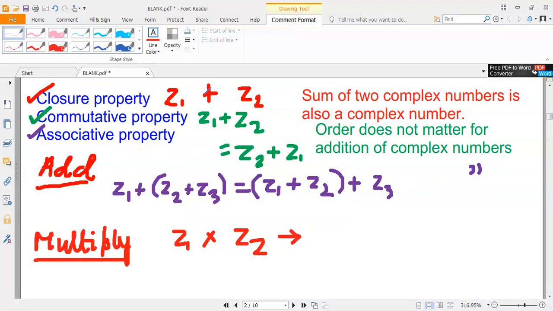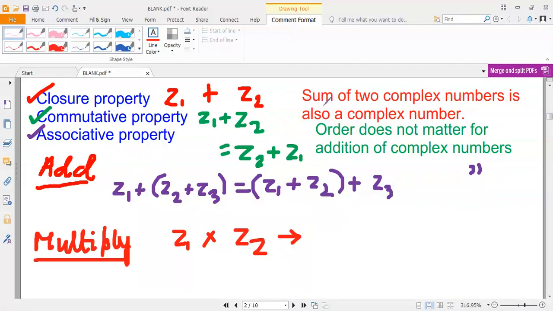This is similar to the addition operation that we did, only here we have the multiplication sign because we are talking about the multiplication operation. So the concept remains the same. When you take two complex numbers and you operate on them, the result should also be a complex number. When you add them, the result is a complex number. Similarly, for multiplication, the product of two complex numbers is also a complex number.